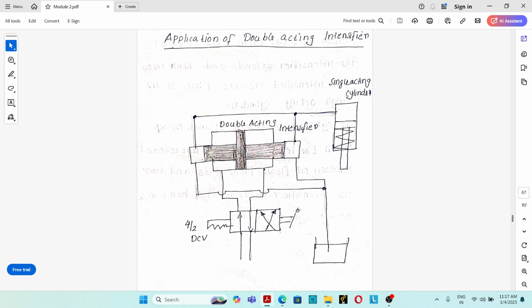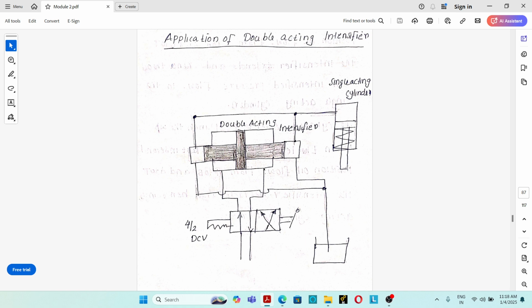If we require high pressure hydraulic oil on the left side, the oil from the pump flows to the right side of the low pressure chamber, exerting a force over the piston. The piston moves towards the left, pressurizing the hydraulic oil in the high pressure chamber on the left side and producing high pressure hydraulic oil there. So on both sides we can produce high pressure hydraulic oil. This is the working and application of the double acting intensifier. These are all about intensifiers, so we can conclude this section.